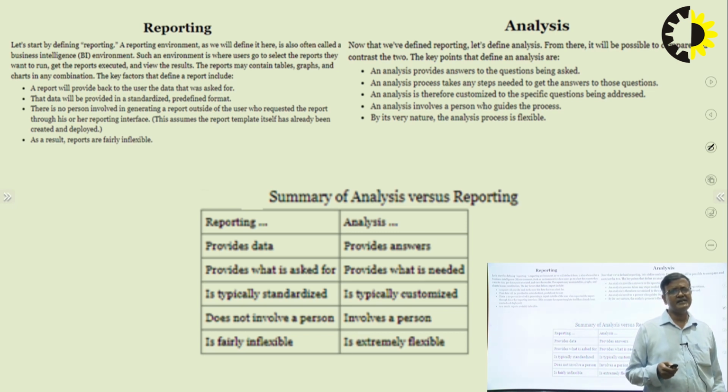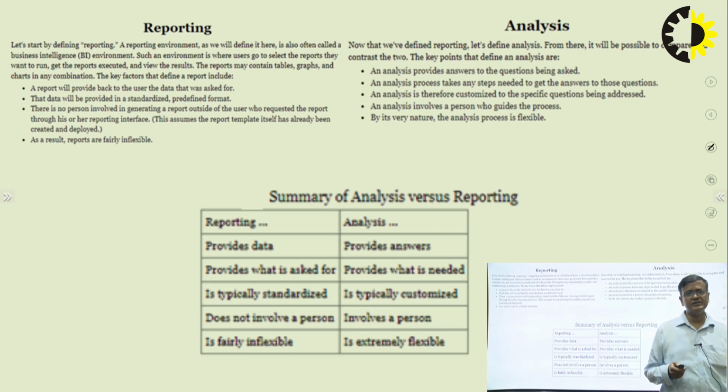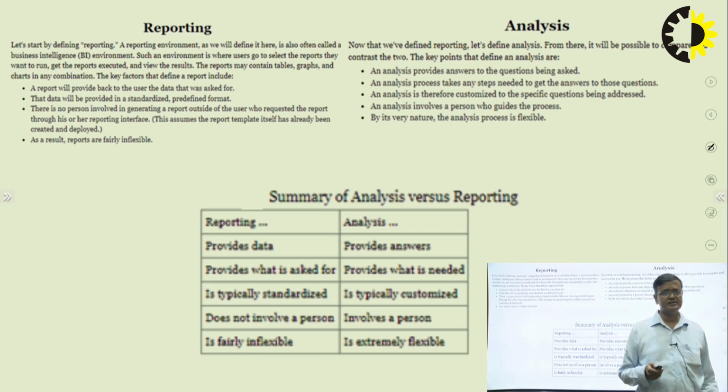The key factors that define a report include: the report will provide back to the user the data that the user has asked. So it just provides the data back to the user that the user asks. The data will be provided in a standardized predefined format. There is no person involved in generating a report outside of the user who requested a report through his or her reporting interface. As a result, reports are fairly inflexible. They are not flexible because they just report what you ask.